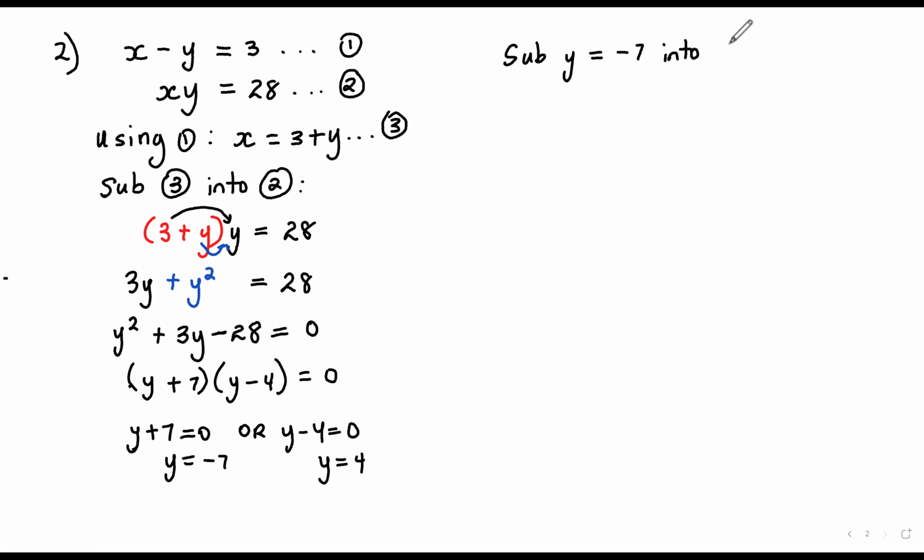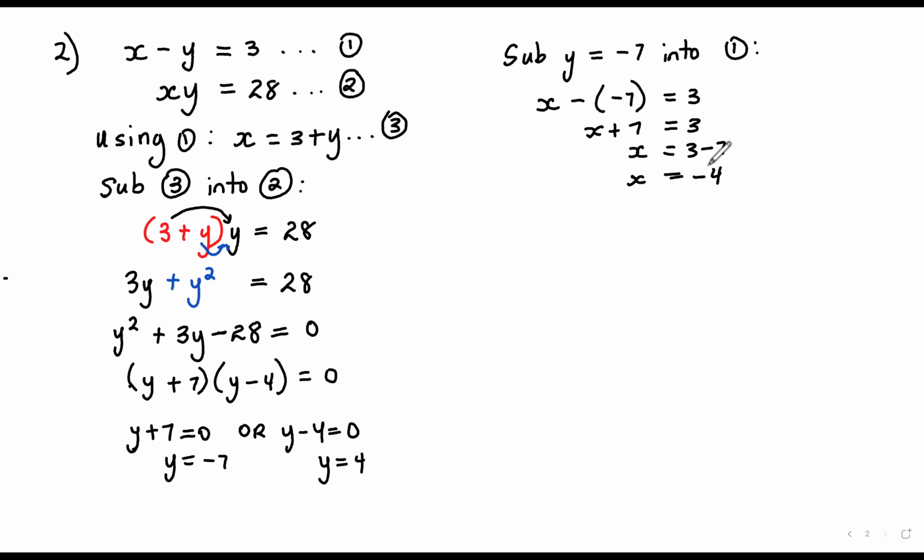I'm going to do it in equation 1 this time. So this would be x minus negative 7 is equal to 3 because the original equation is x minus y. So it'll be x minus negative 7. So then this would end up being x plus 7 is equal to 3. So x is equal to 3 take away 7, which makes x equal to negative 4.